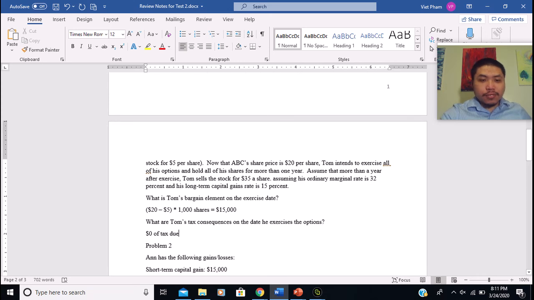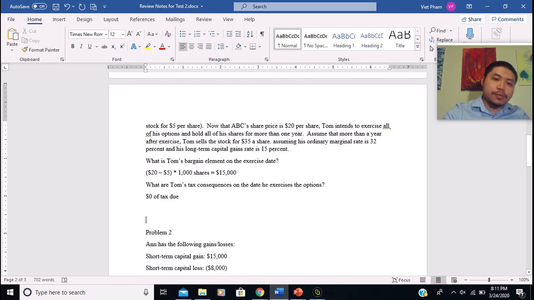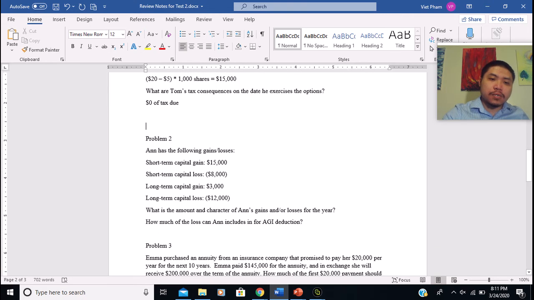All right, so that was the first question. Let's move on to the second problem. The second problem is going to focus on the netting process of capital gains and losses.